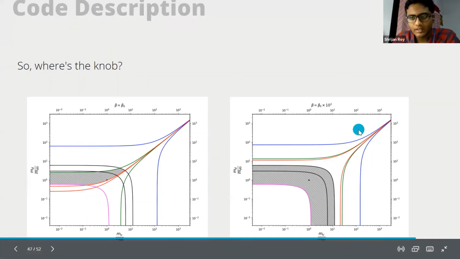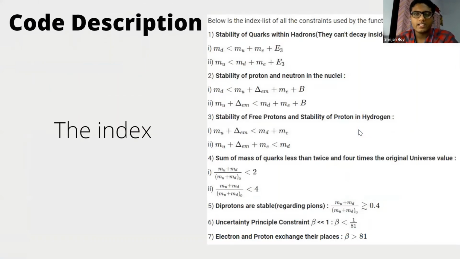So for creating that, we created a code. Let's first see the index here. I'll explain later how the index is used, but the index is actually just a relisting of all the constraints that were already there, for the convenience of using the code yourself.